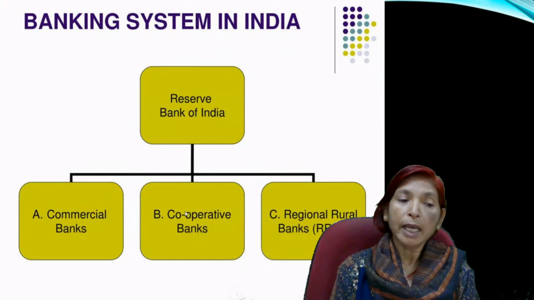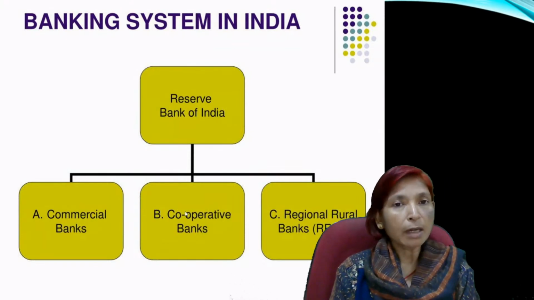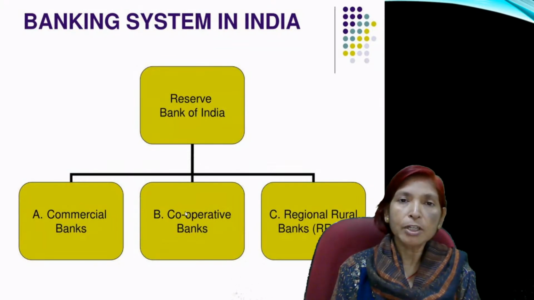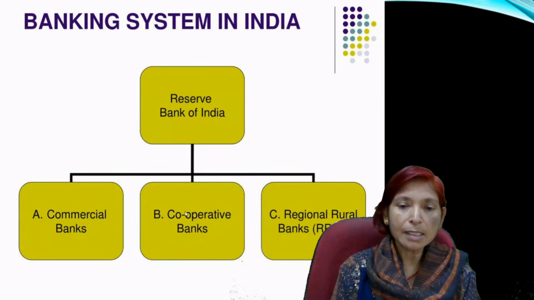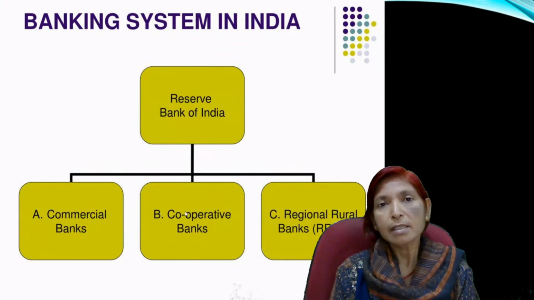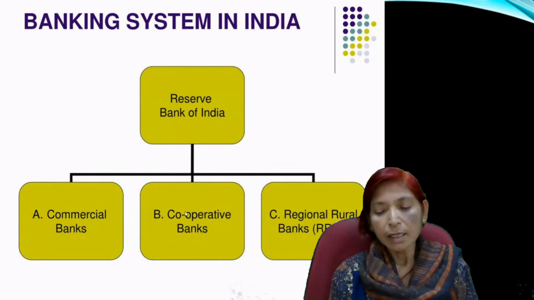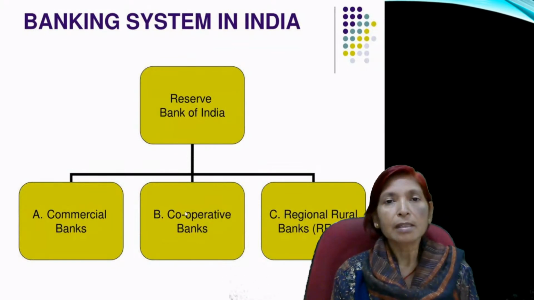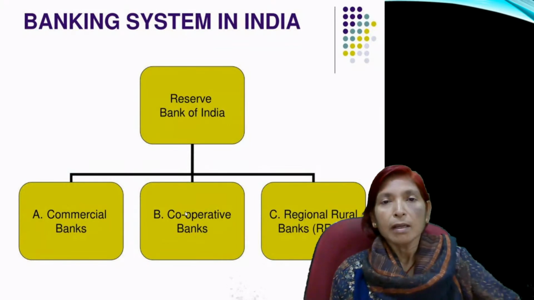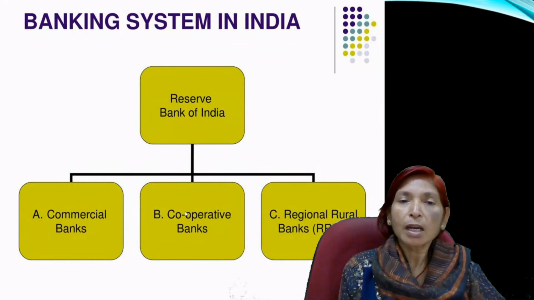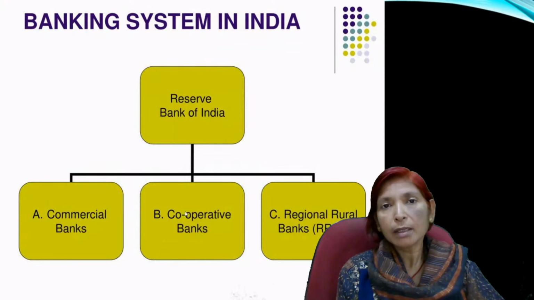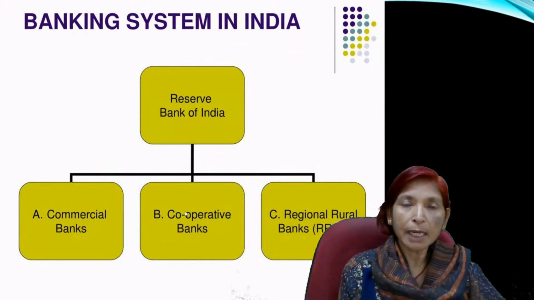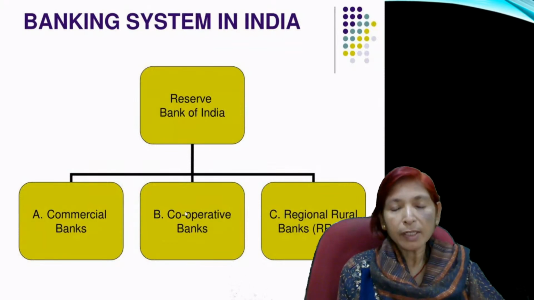Commercial banks again can be classified into private commercial banks, public sector commercial banks, nationalized commercial banks, and scheduled banks, non-scheduled banks, cooperative societies, and regional rural banks, which deal with the rural areas and provide financial facilities to the farmers for producing their crops for the short time period, medium time period, and long time period, all types of different time periods.